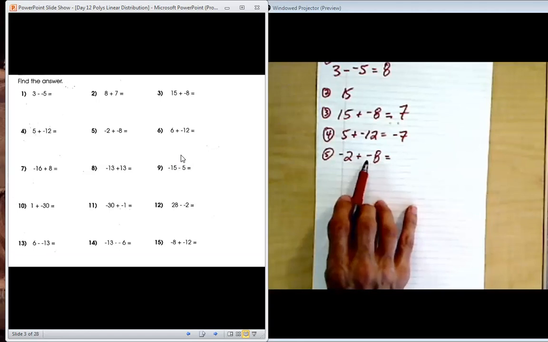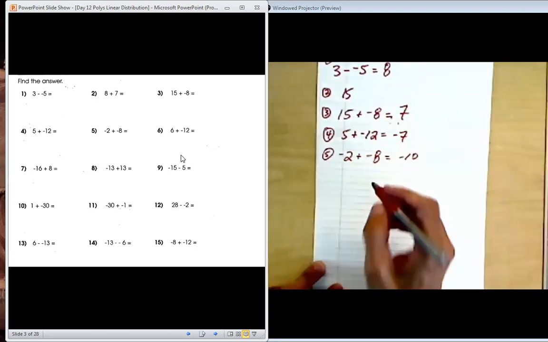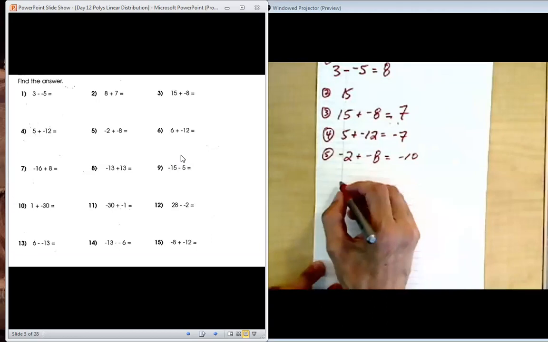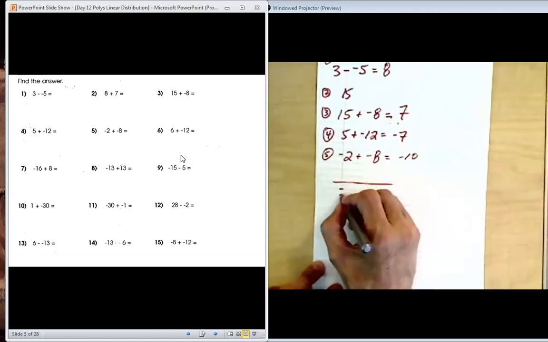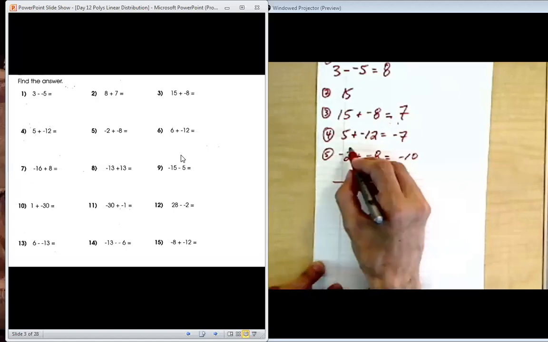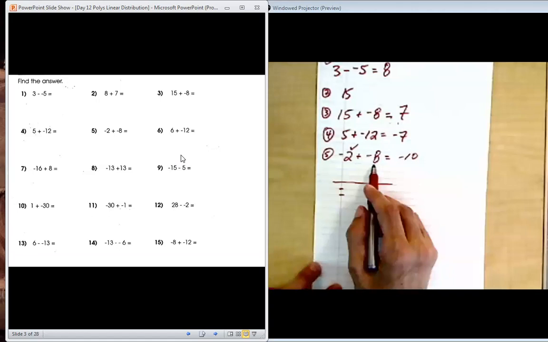Yeah. You can always draw a picture. Okay, watch. I've been drawing stairs. So this is ground. So you go down by 2. That's where you start. Now we're going down by 8 from there.